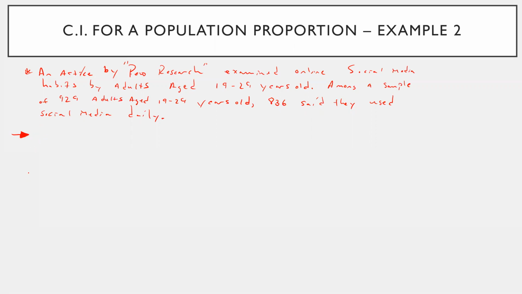So let me ask, this is just a bunch of questions about this. So the first one, let's obtain a point estimate for the proportion of adults age 19 through 29 who use social media daily.